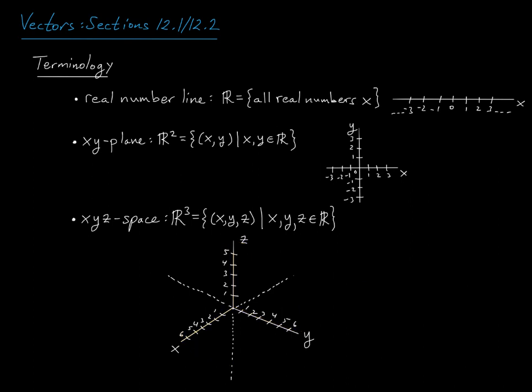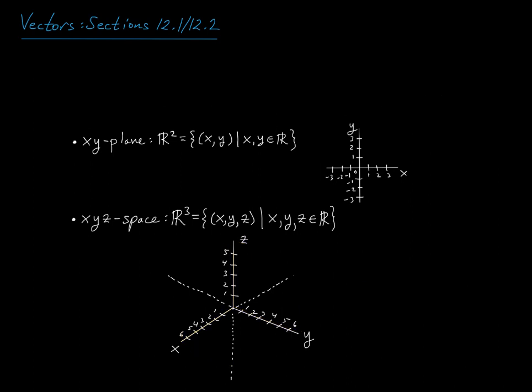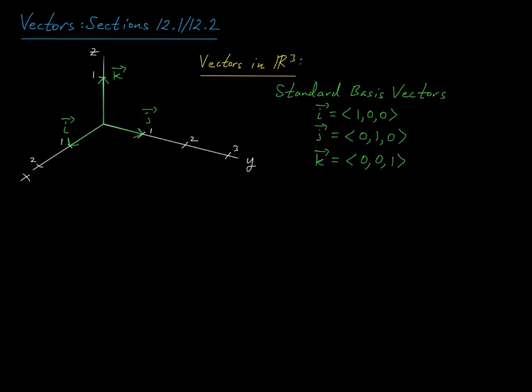So now let's look at describing vectors in three-dimensional space. Just as we did for vectors in the plane, we'll consider the standard basis vectors, where now we're looking not just at i and j, but also k.